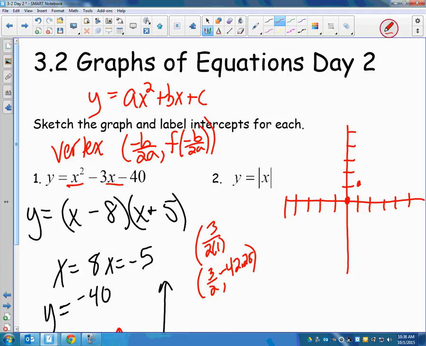Plug in 1, you get 1. When you plug in 2, you get 2. But the same thing happens when you plug in negative numbers, because if you plug in -1, the absolute value is still +1. -2, the absolute value is +2. So you need to know, just like a quadratic is a parabola, that absolute value is a V-shaped graph. And then if you know that, then you can graph transformations of it.